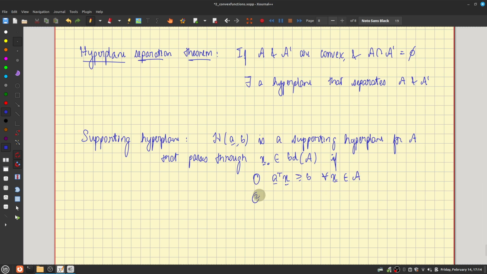And second, the hyperplane passes through x naught as required. So A transpose x naught should be equal to B.